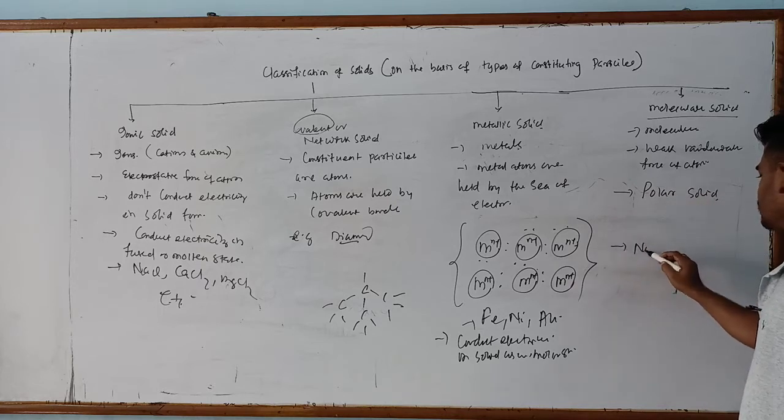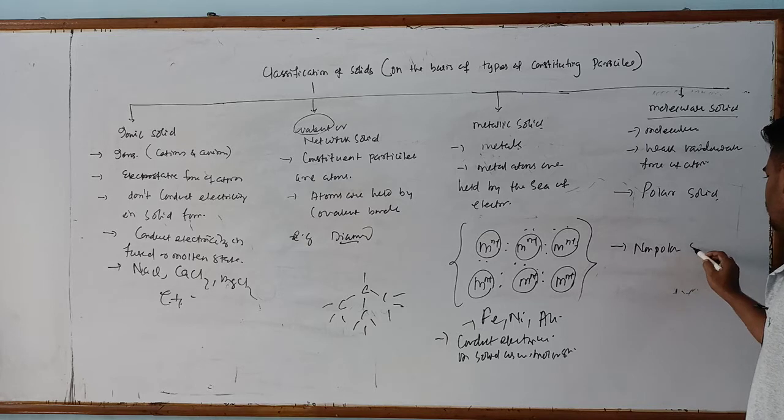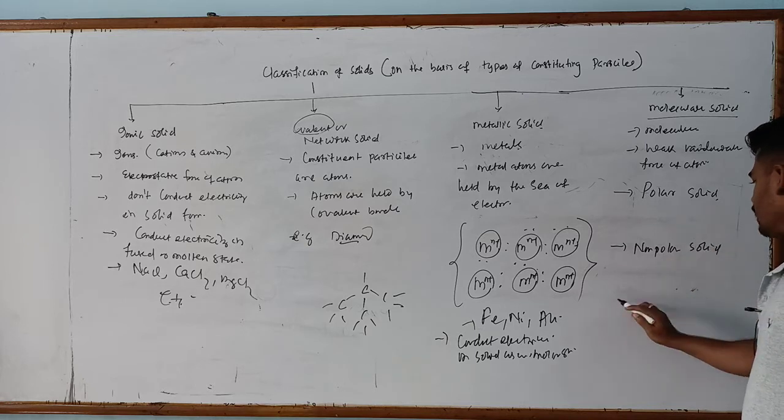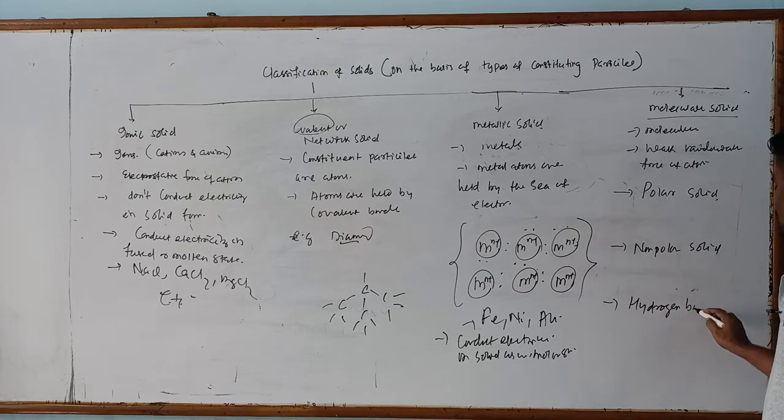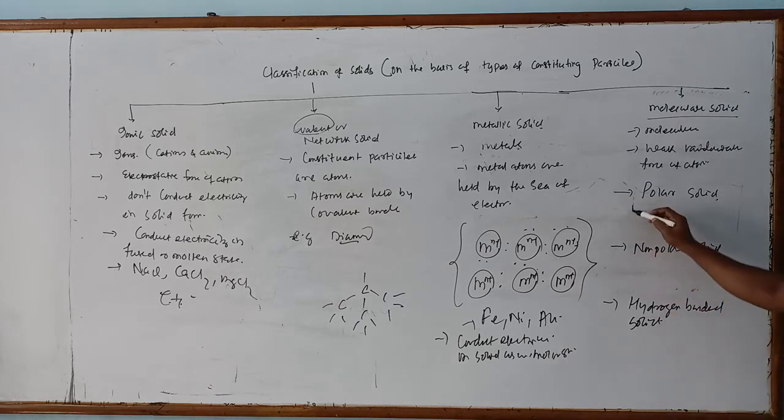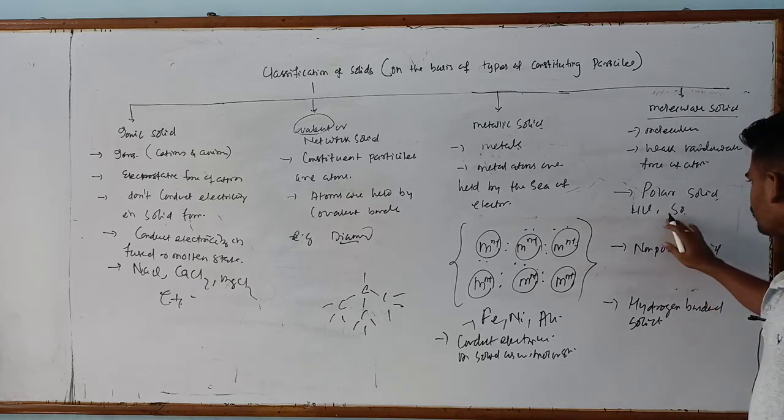Next one is non-polar solid, and the third one is hydrogen bonded solid. Polar solids have polar molecules like HCl, SO2.